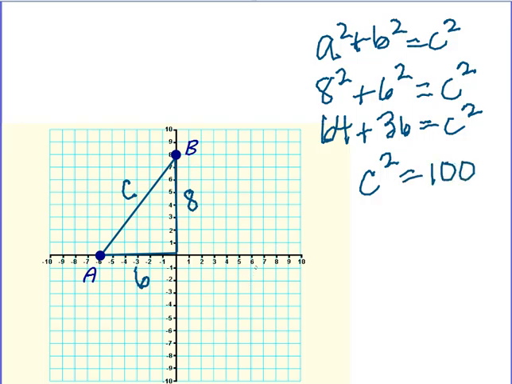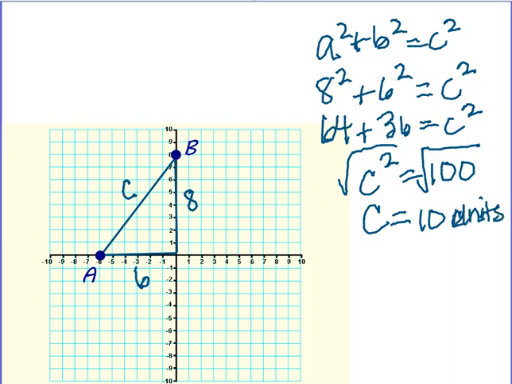And last step is to square root. C is going to be 10. 10 units long. That hypotenuse, or the distance from point A to point B, is 10 units.